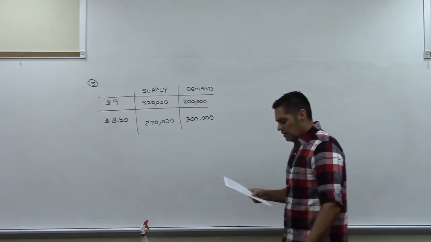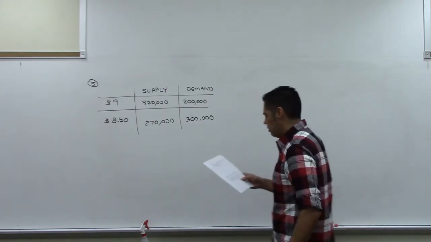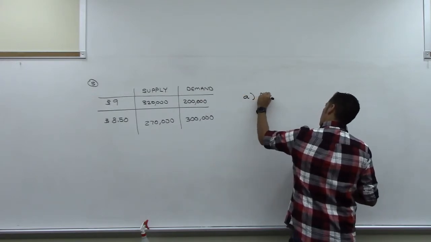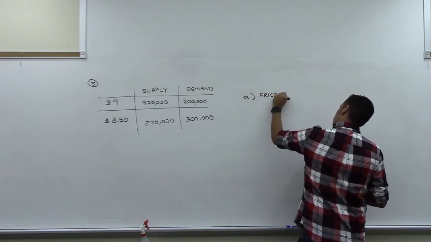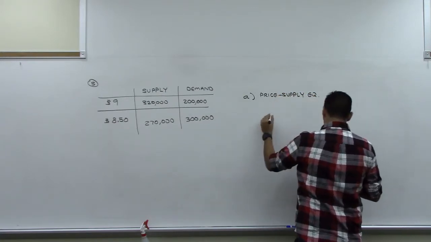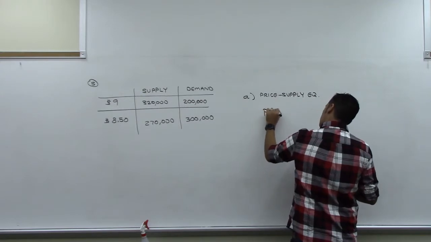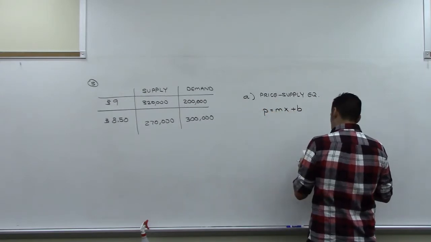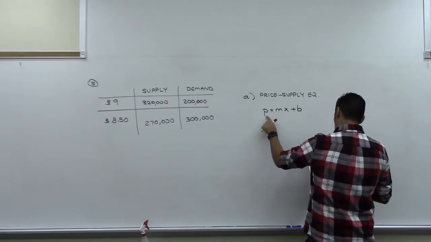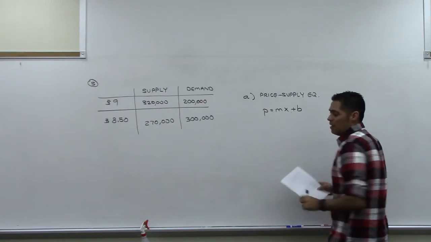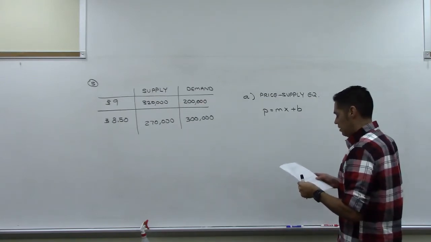It says find the price supply equation, this is part A. Find the price supply equation of the form P equals mx plus b, where P is the price and x is the corresponding supply in thousands of boxes.